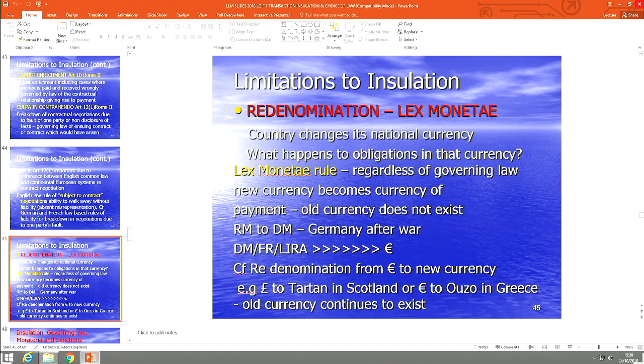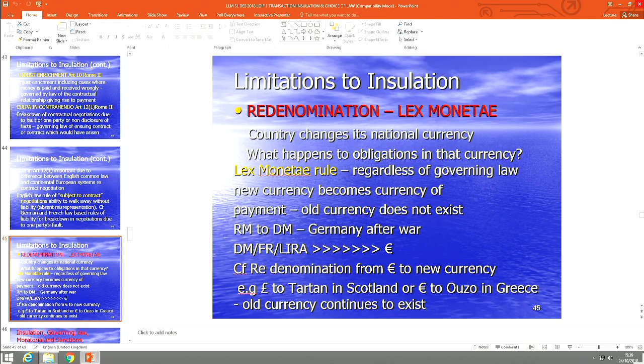But the Greek government says, right, that's it. From now on, we're not paying, except in Greek drachma. Question, what is the impact of the redenomination of the currency of Greece from the euro into a new currency, say, new drachma?